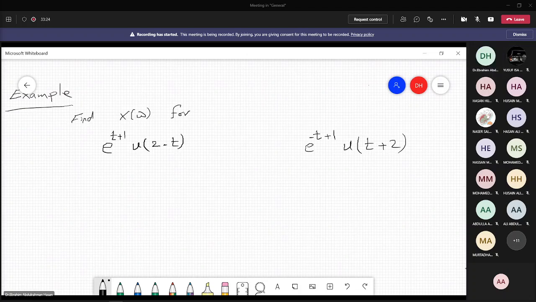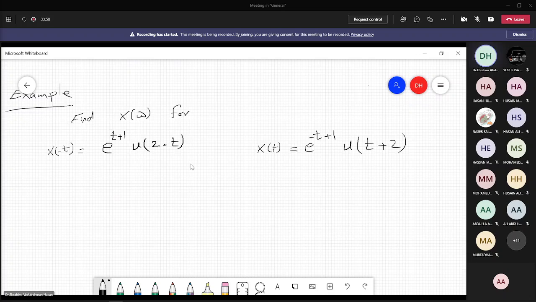So if you name this one as x of t, then this one is equal to x of minus t. So wherever we have t, we replace it with minus t. So if you know how to solve this, then the solution for this one will be very easy, straightforward.